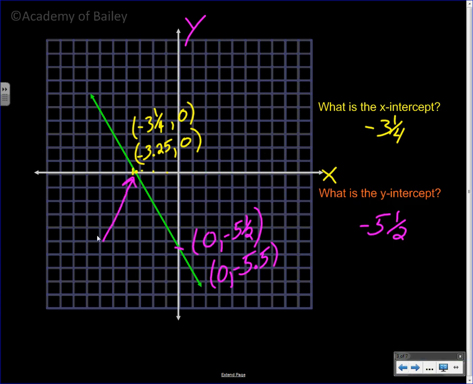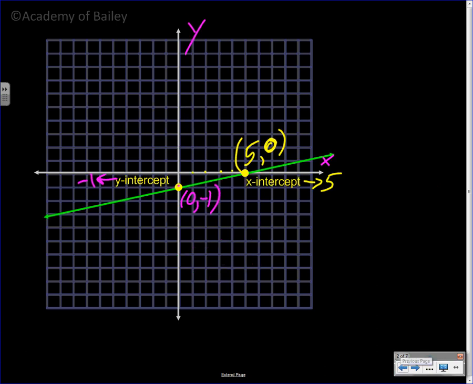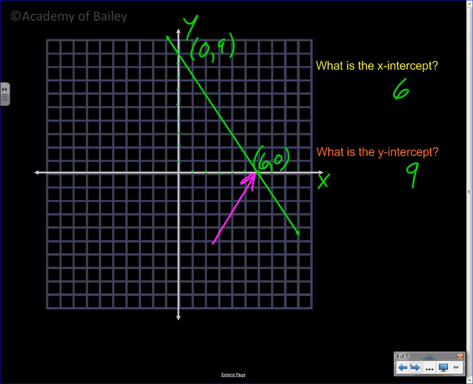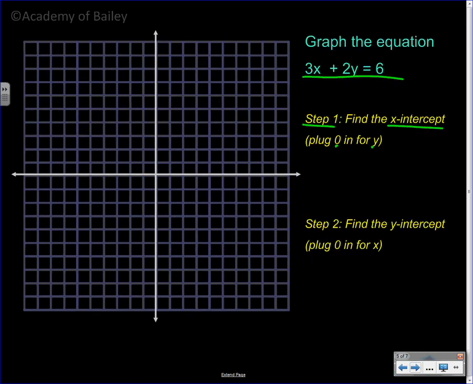Here's an x-intercept. What's the y value? The y value is 0. And here's another x-intercept. And what's the y value? The y value is 0. So when we look at calculating an x-intercept, it doesn't matter what point we choose.